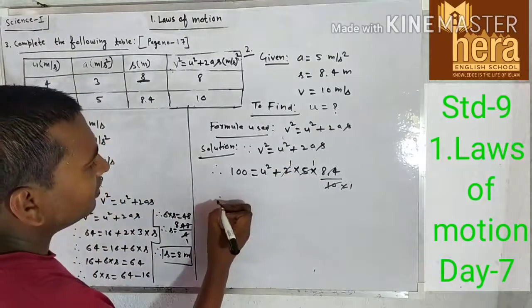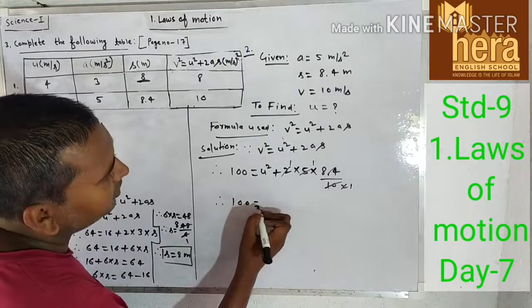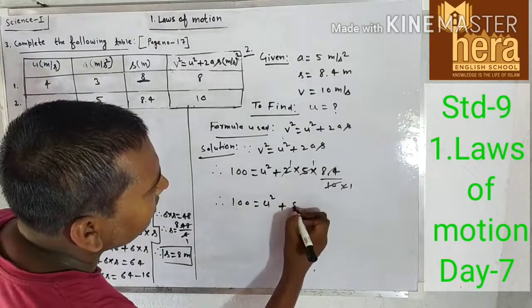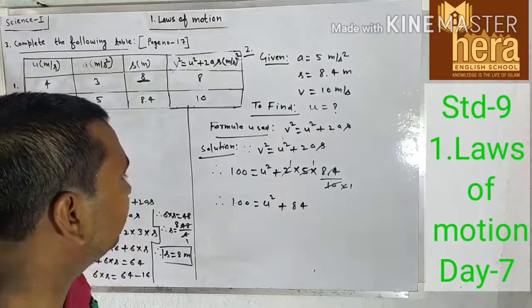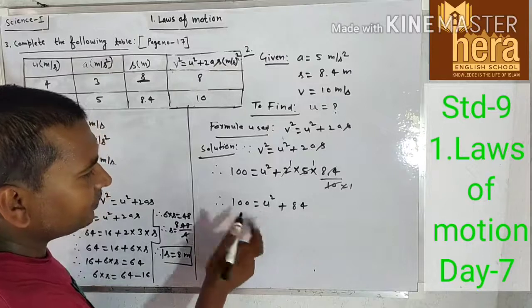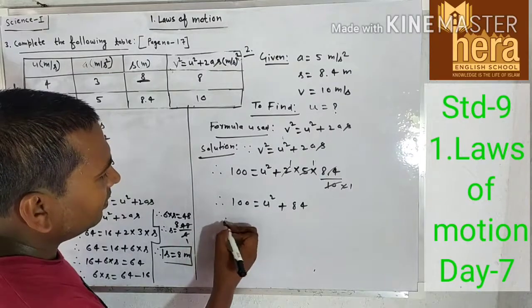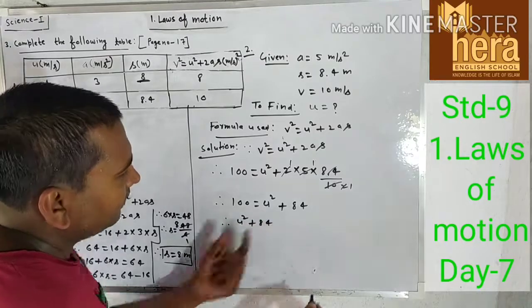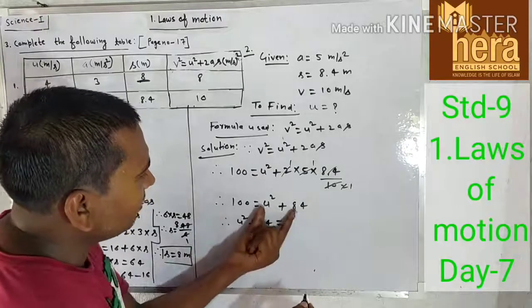That is, therefore 100 is equal to U square plus here is only 84. So write the whole thing on the left side. Therefore U square plus 84 is equal to 100.